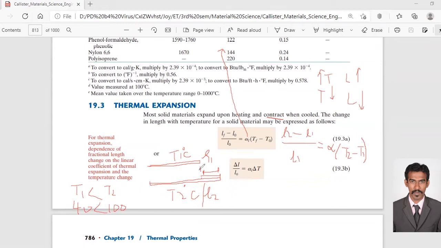TF is the final temperature and TO is the initial temperature, so final temperature minus initial temperature is the change in temperature, delta T. So these equations are all similar: delta L upon L is equal to alpha into delta T, or else final length minus initial length upon initial length is equal to alpha into final temperature minus initial temperature. These are the same formulas, only written in different formats.